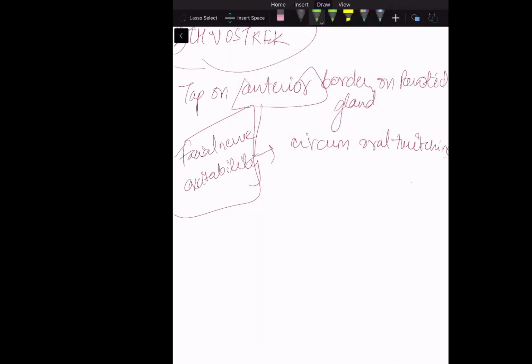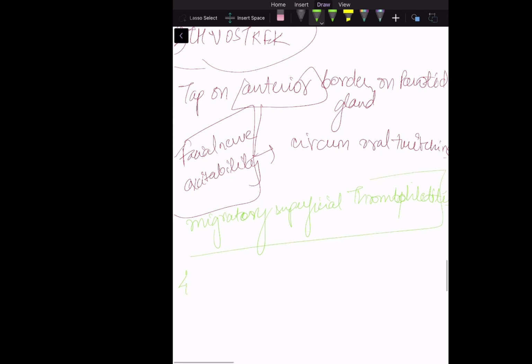Then you can also call it migratory superficial thrombophlebitis. Okay, we can call this.